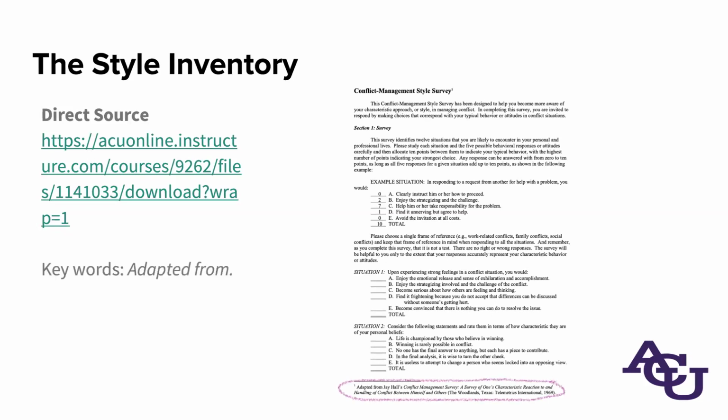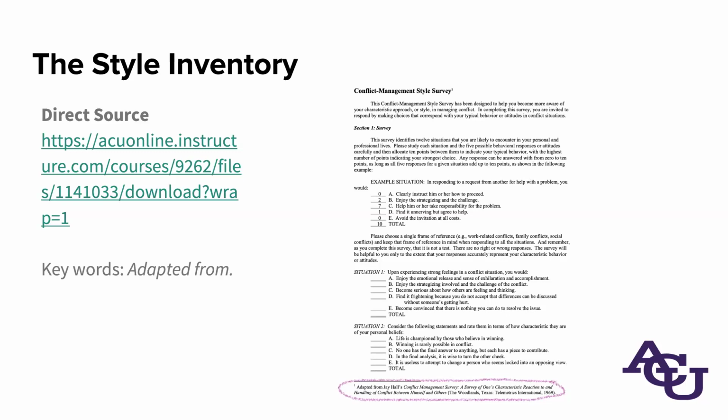Well, I will tell you that adapted from, in this case, having checked the original source, adapted from means that this was transferred to a two-page format to make it easy to administer and not having to buy a copy of the book. And this is a very common thing with the survey instruments. You want to reproduce it accurately so you can compare and contrast the results.